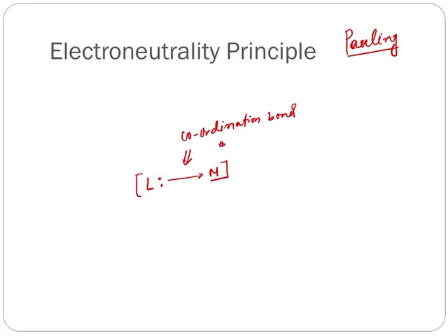Now various theories have been proposed for the stability of complexes, and amongst them Werner theory is very popular, and one of the most popular theories is the Sidgwick principle.